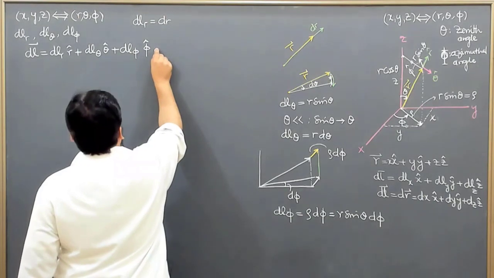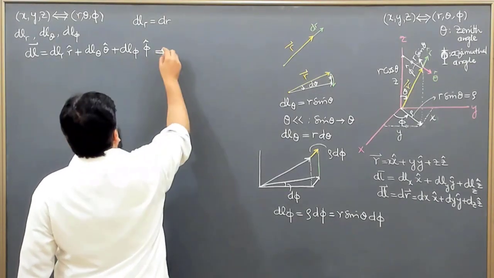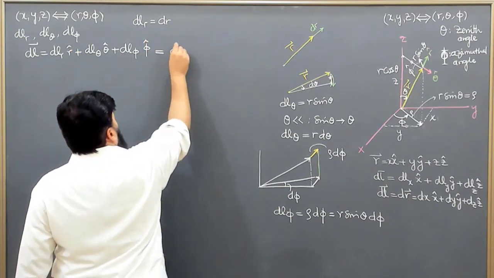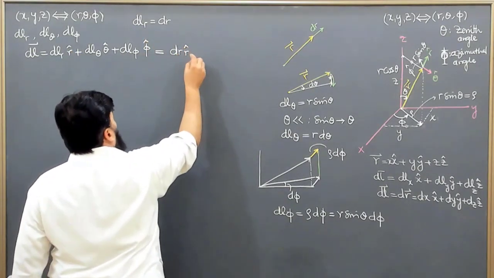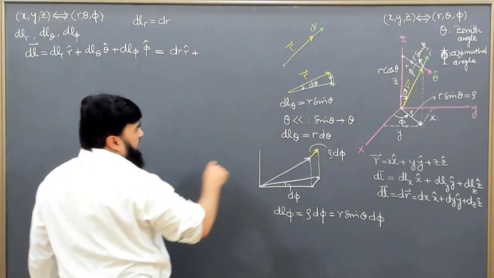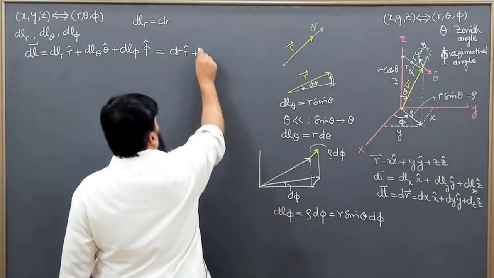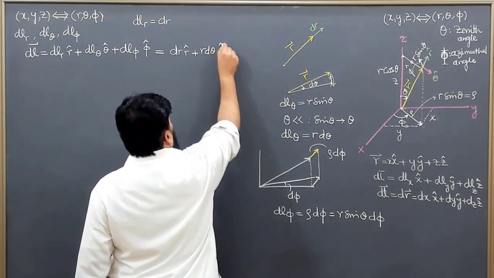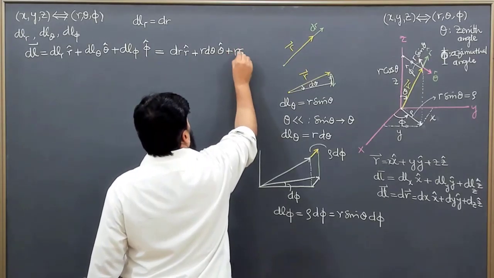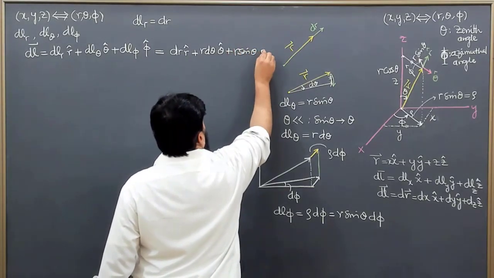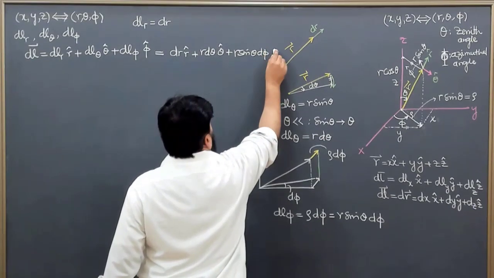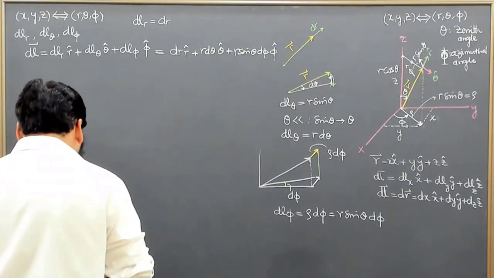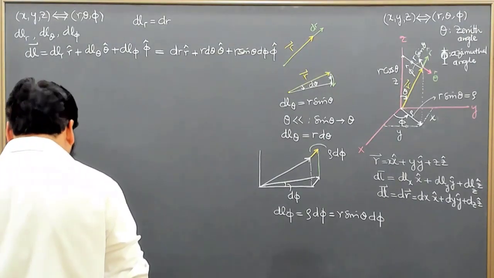And what is dl_r? dl_r is just dr. So this is dr in the r unit vector, plus dl_theta, which is equal to r d theta in the theta unit vector, plus r sine theta d phi in the phi unit vector. So we got our length element like this.